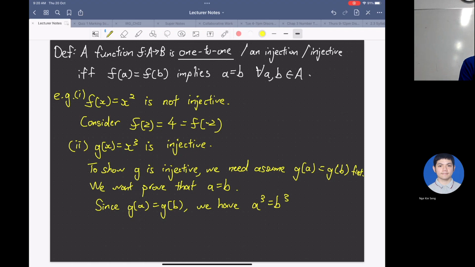So how to go from here to a equals b? I'll give you maybe 2 minutes.